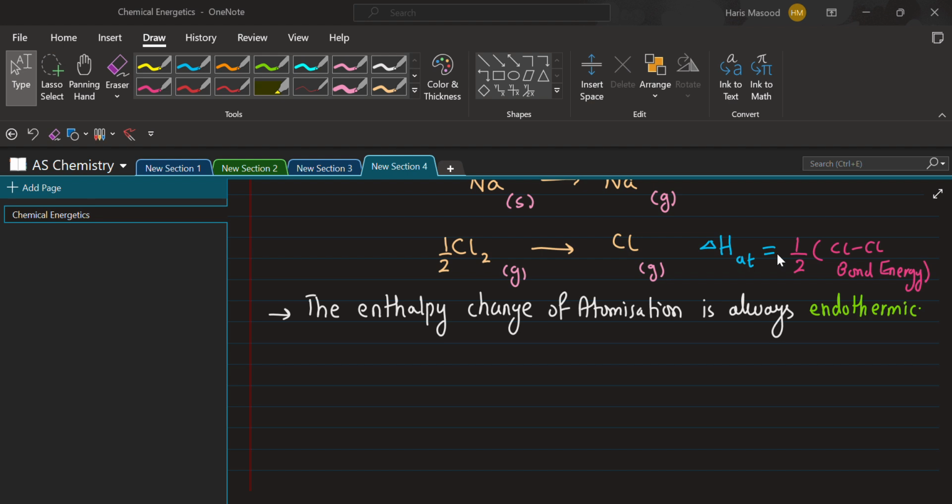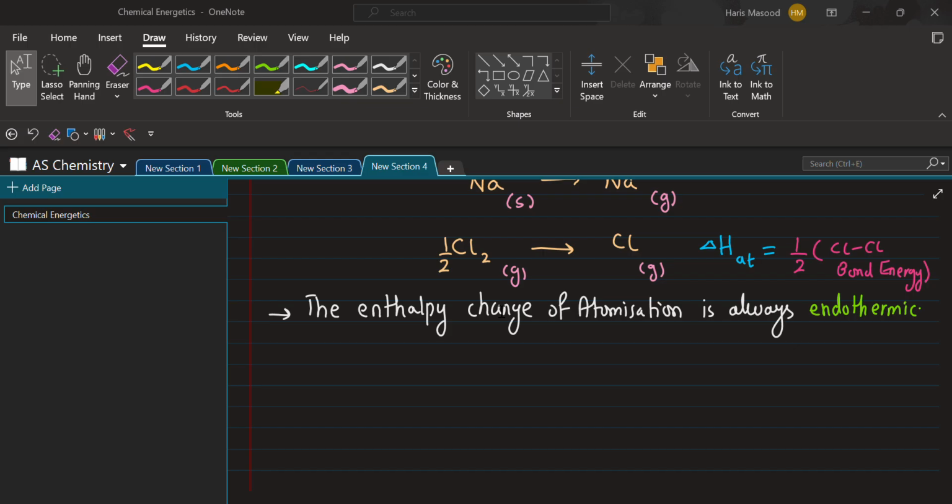Then we have standard formation, combustion, neutralization. Because there were some syllabus changes. Before, it was included in your syllabus, but now I think they have removed it from your AS syllabus.